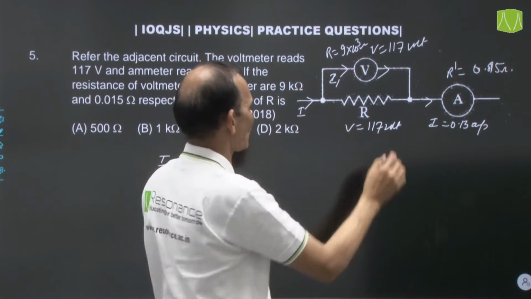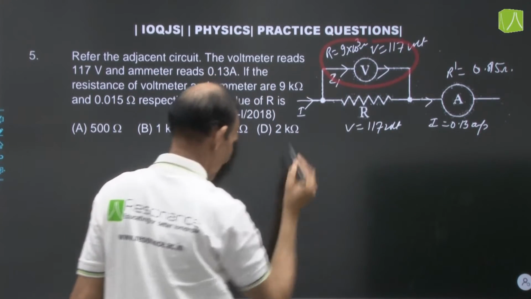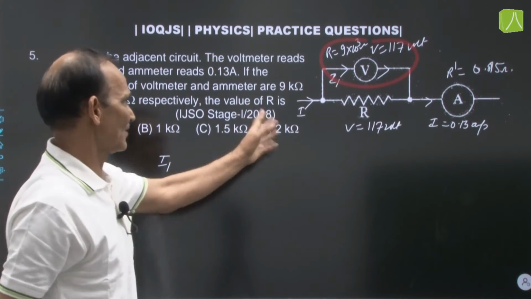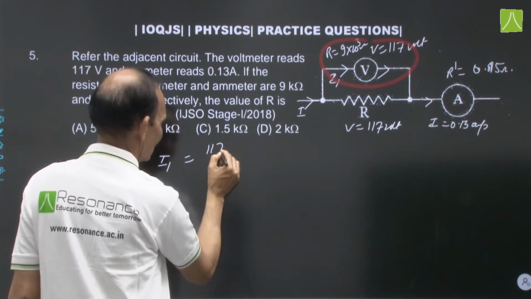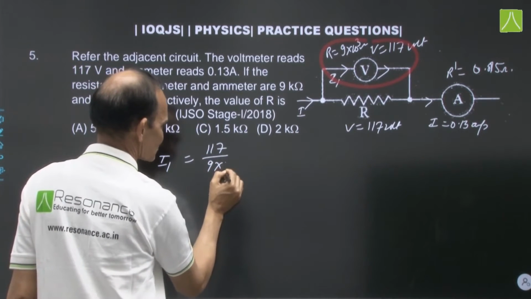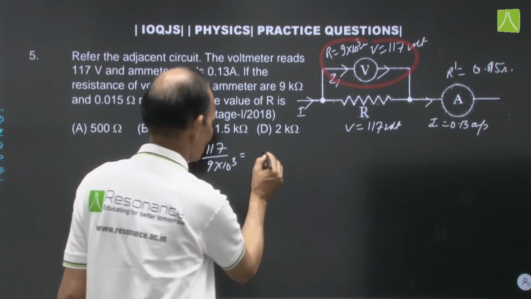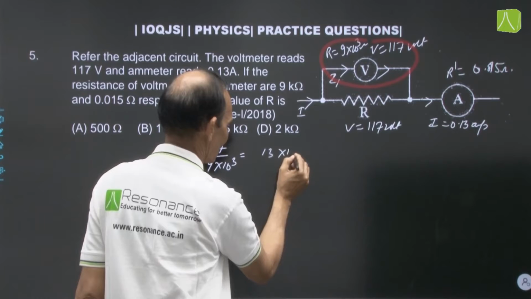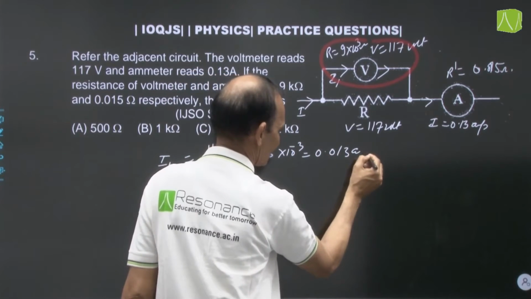Apply Ohm's law across it. I1 will be equal to V upon R, that is 117 divided by 9 into 10 raised to the power 3, or we can write 13 into 10 raised to the power minus 3, that is 0.013 ampere.